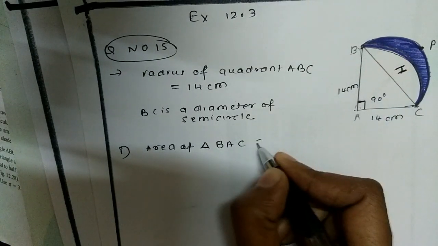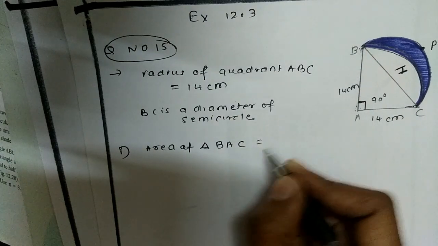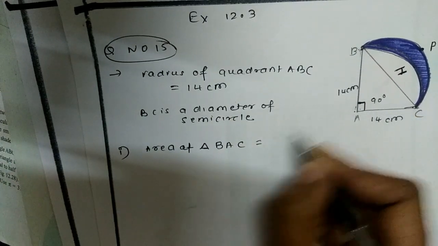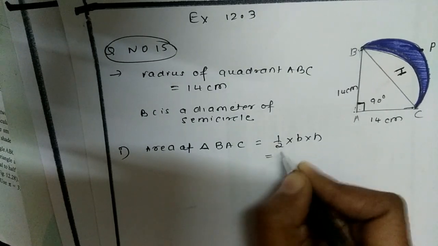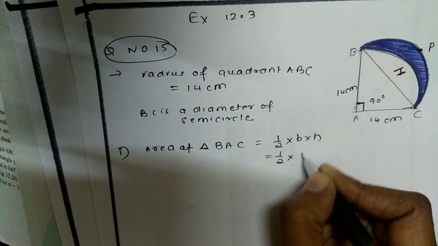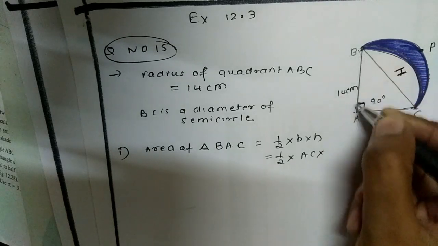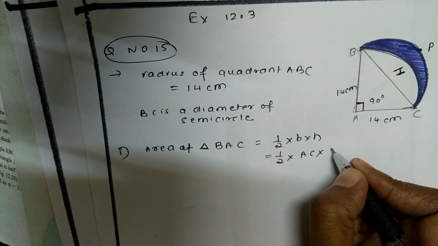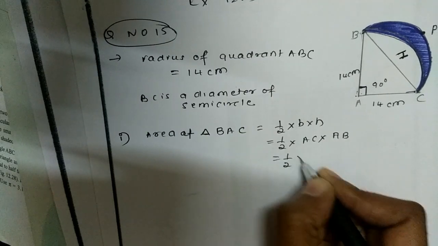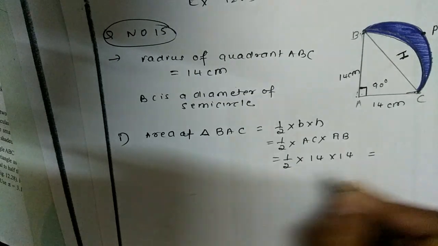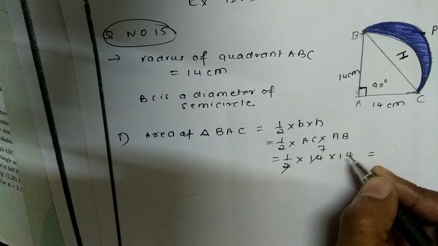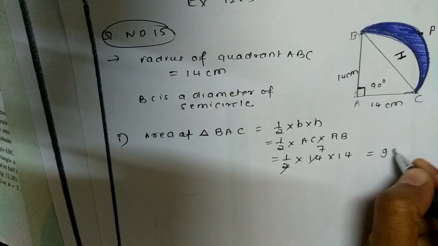So the area of triangle BAC, which is a right angle triangle, because the center angle is 90 as it is a quadrant, is half base into height. You can take AC as base and AB as height, or anyhow you can take. Half into 14 into 14. So 2 7s are 14, 7 14s are 98 centimeter square. So this one part is over.